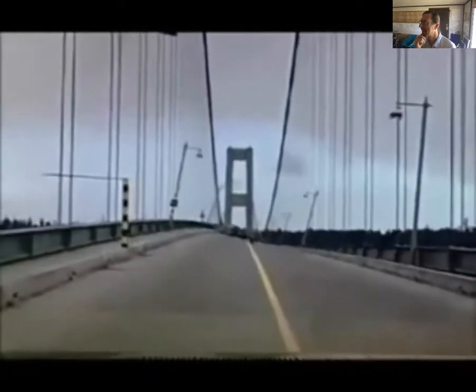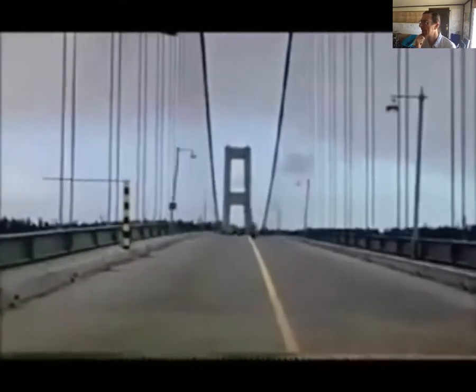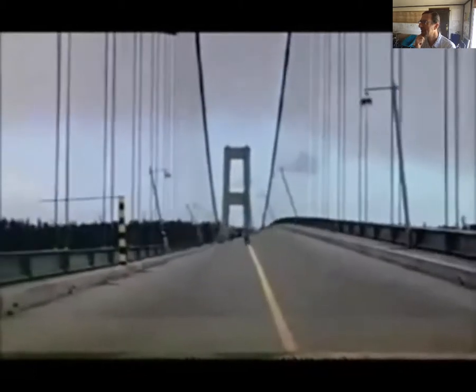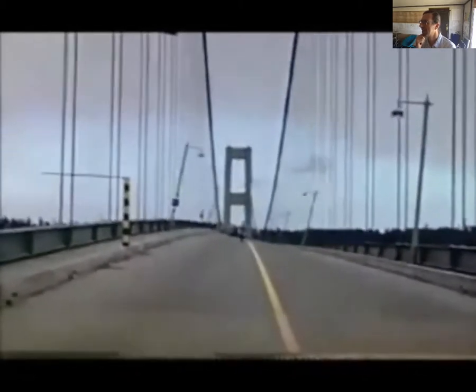As they get closer, they'll be a little clearer. The video quality is super bad. You could see him walking toward the camera and just trying to keep his balance.